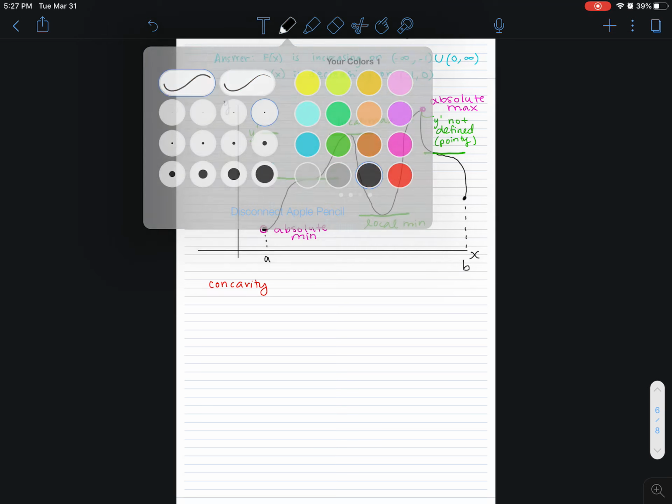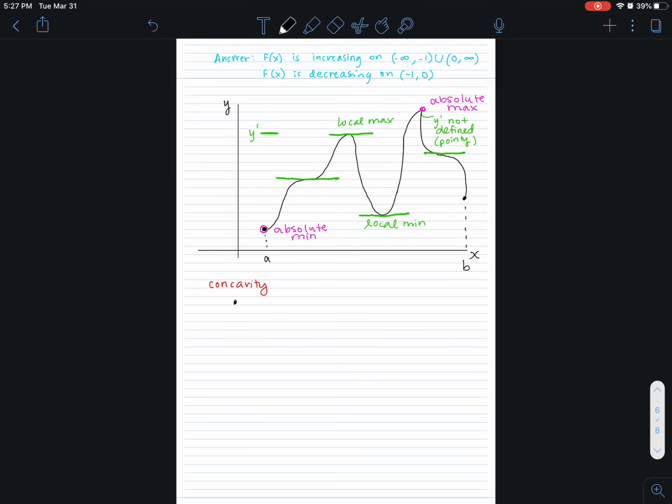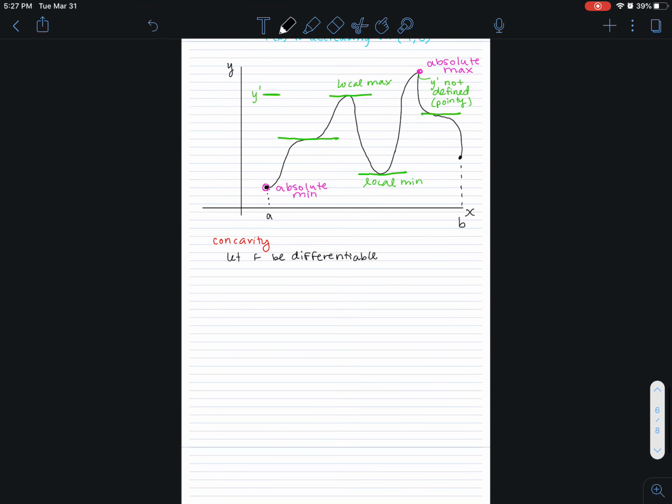Hopefully it'll make a little bit more sense. So there are 2 kinds of concavity. First of all, we have to make sure that we're letting f be differentiable on, let's say, AB.